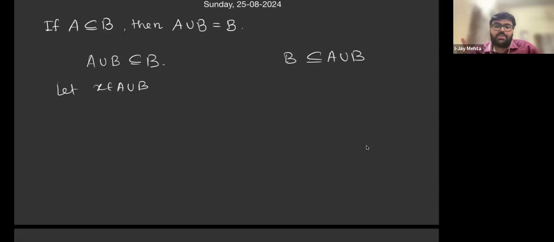Okay, I have to show that B is a subset of A union B. Where do I start? And what do I have to show? I'm going to ask Shravani. Shravani, you there? Yes, sir.